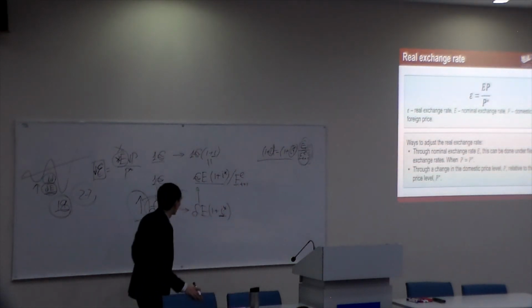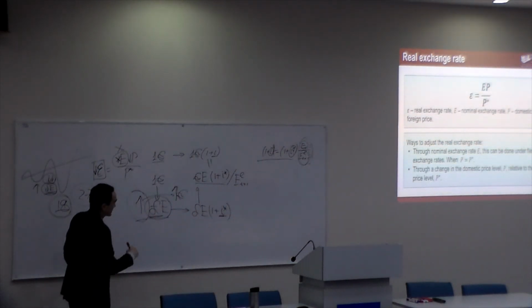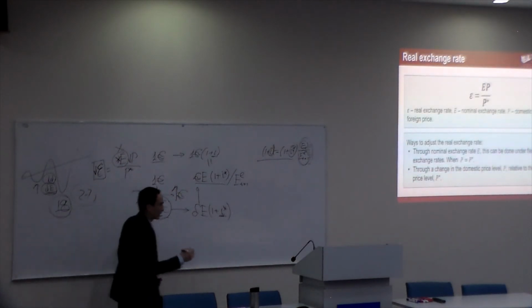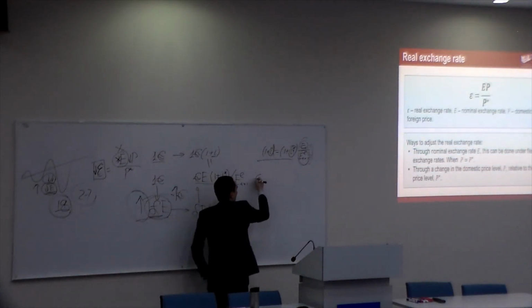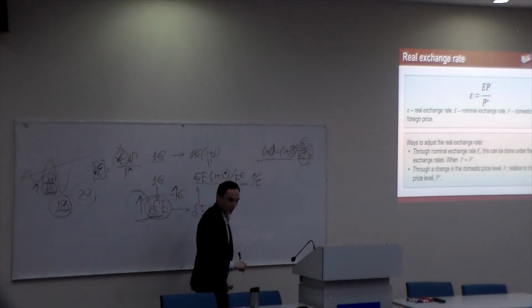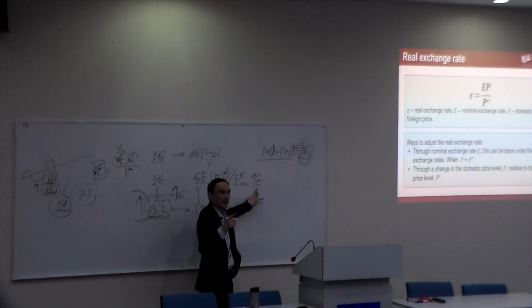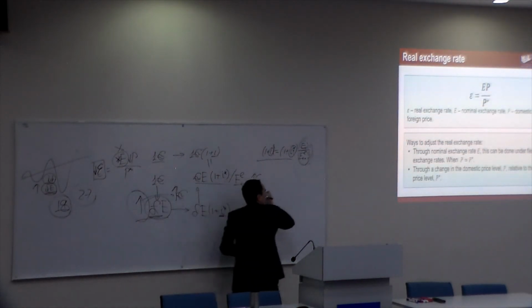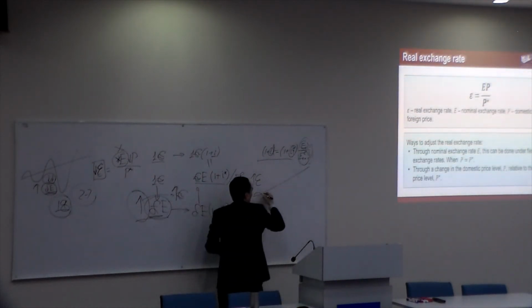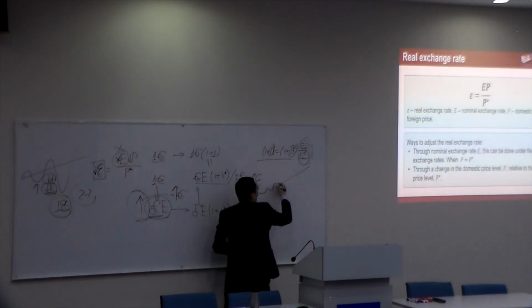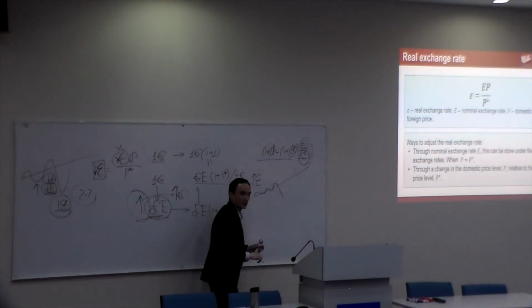How? For example, suppose in one country the real exchange rate is very high. If it's very high, the economy will experience a trade deficit, right? This is the potential level of income, and the economy may experience this kind of recession, right?